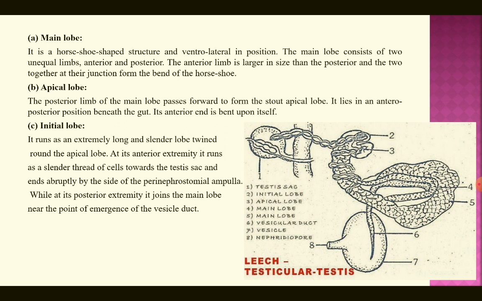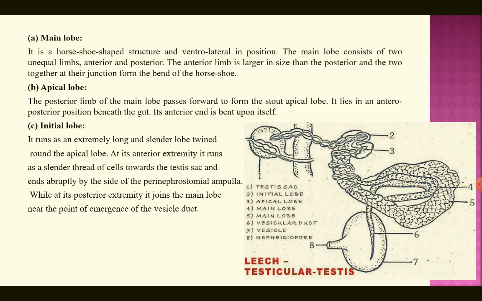Now here what is labeled as 2 is the initial lobe, and the one which is labeled 3 is the apical lobe. So this initial lobe runs as an extremely long and slender lobe twined around the apical lobe.